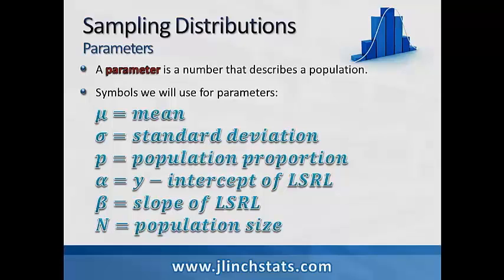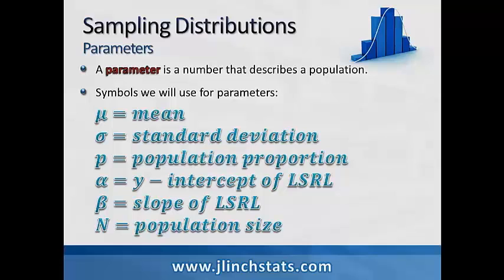Alpha represents the y-intercept of a least squares regression line. Beta represents the slope of the least squares regression line. And the capital letter N represents the population size. So parameter values, once again, are values that basically describe a population.